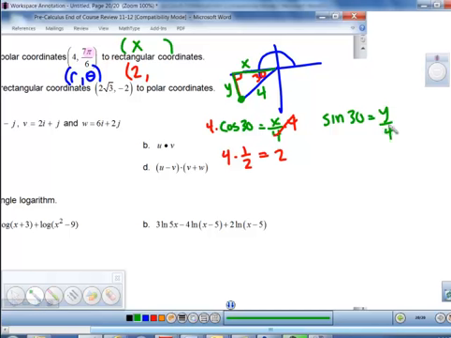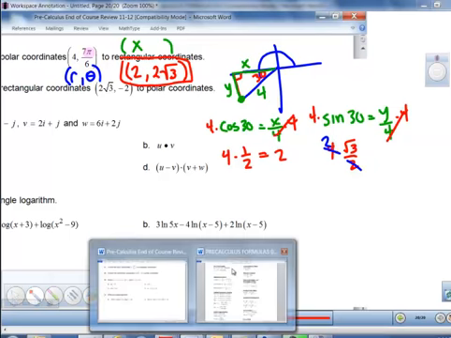Notice it's opposite over hypotenuse. Multiply both sides by 4. That cancels. So now I got 4 times sine of 30. Looking at the chart, sine of 30 is radical 3 over 2. When I simplify this, the 2 and that 4 cancel, and I'm left with 2 radical 3. So the y value for my rectangular coordinate is 2 radical 3.